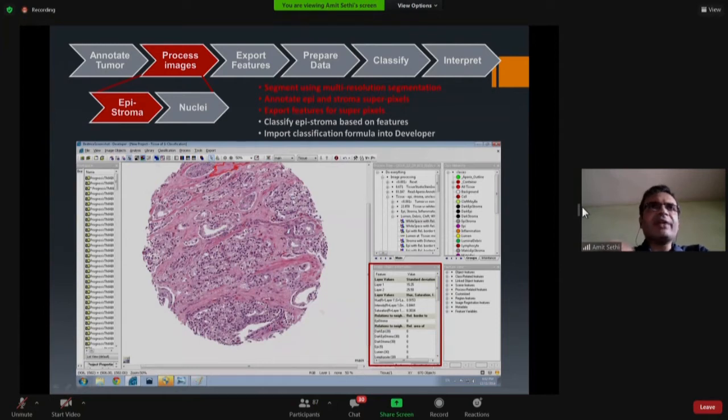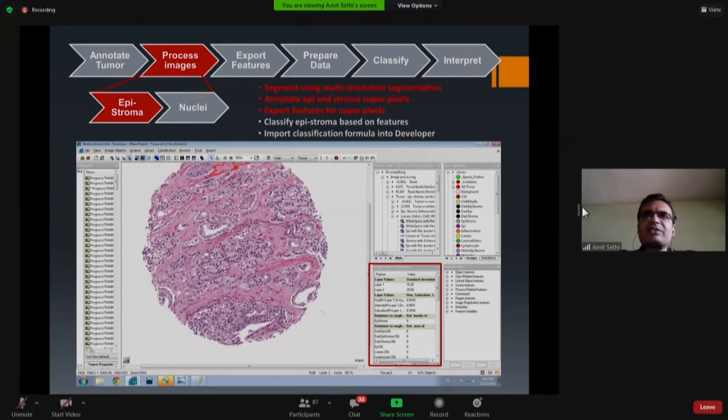So once we have that, the other part of the image processing was to classify between epithelium and stroma. And the way we did that was we did that part outside the Definiens Developer interface. So this is the interface that I wanted to show from that software.